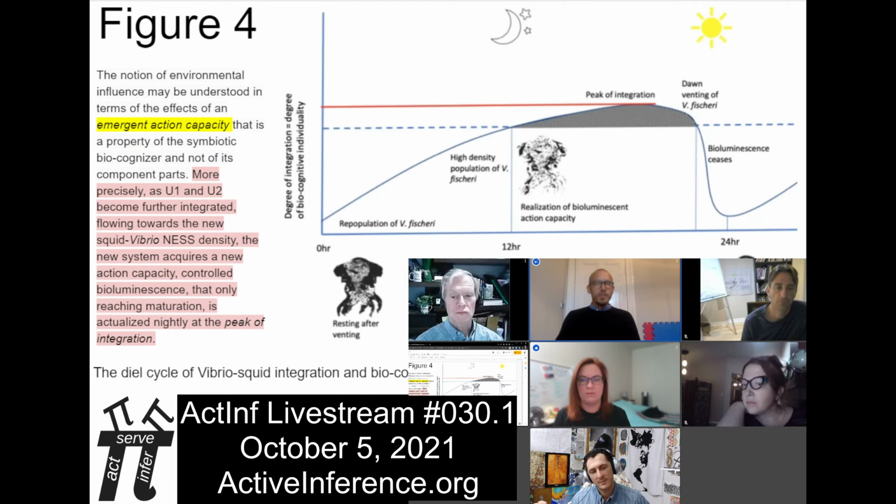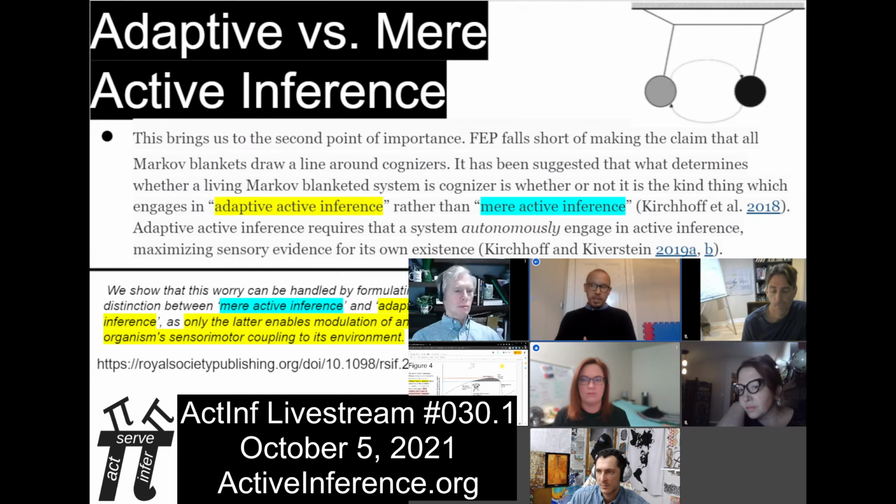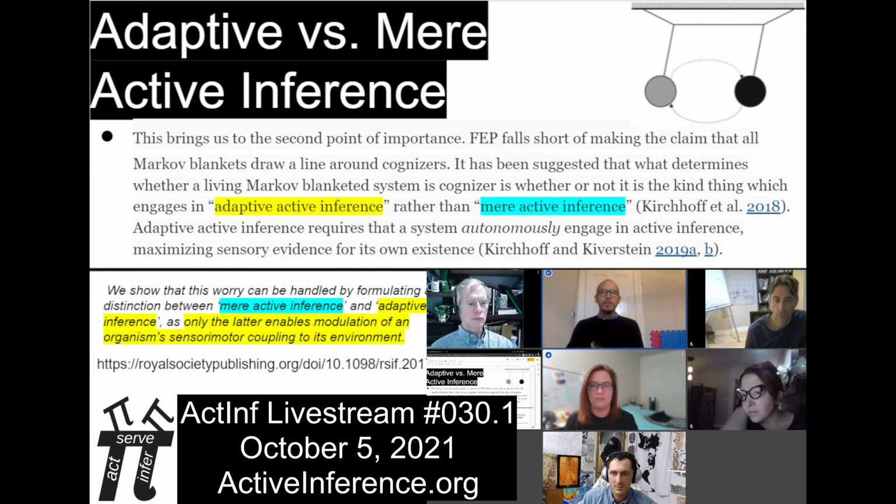This gets us into the notion of adaptive active inference versus non-adaptive active inference. And the way that Michael and Julian have thought about adaptive active inference, if I'm not mistaken, is that it is based on a certain degree of autonomy.